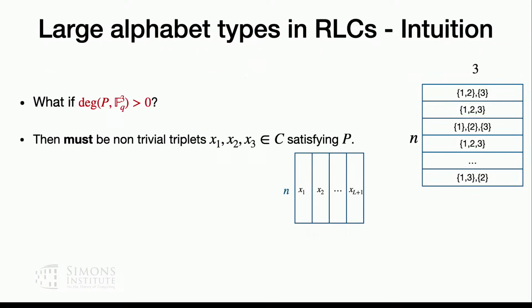But that doesn't necessarily mean that there is a triplet of the given type in the code. And why is that? Because the row span is not necessarily F_q to the 3.